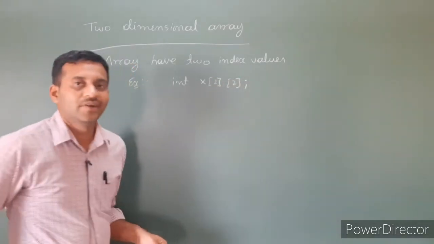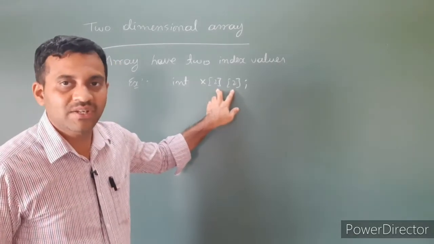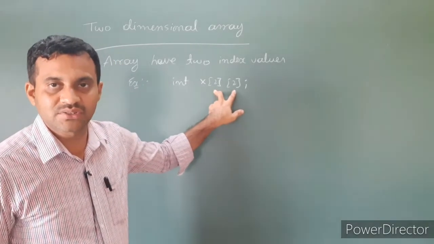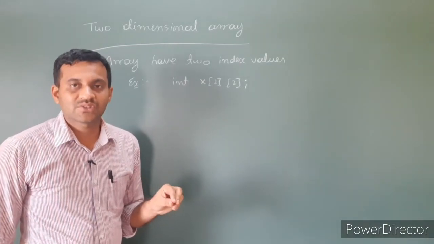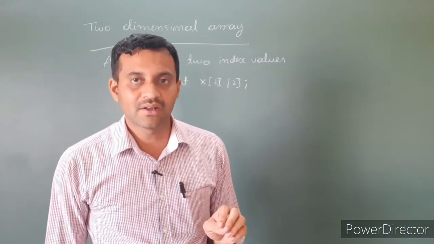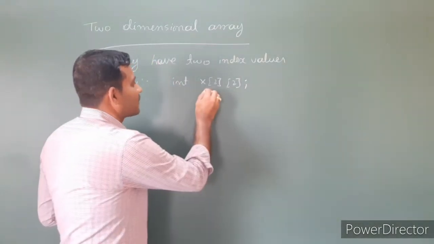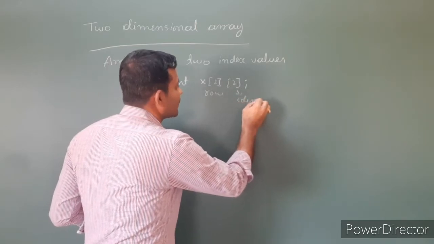It is an example of a two-dimensional array because the array has two subscripts or two index values. Here the array has m number of rows and n number of columns, m rows and n columns. The first index represents the number of rows, the second index represents the number of columns.